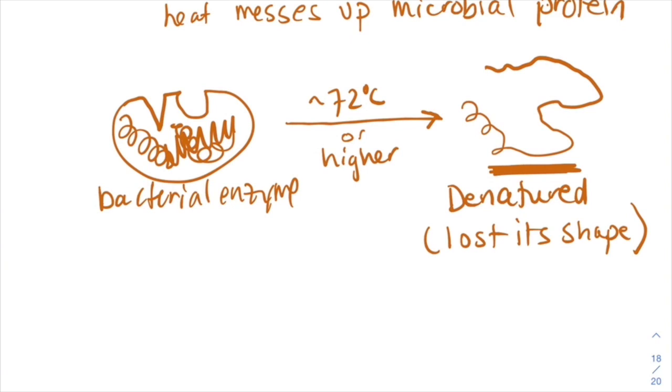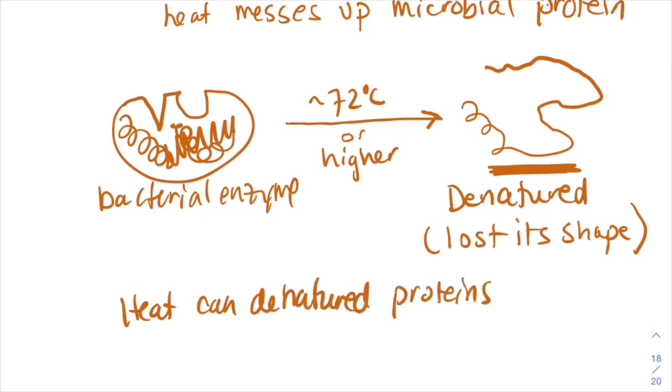So we use heat to prepare our food, in part because it denatures bacterial enzymes and proteins. So heat can denature proteins. And we use this.